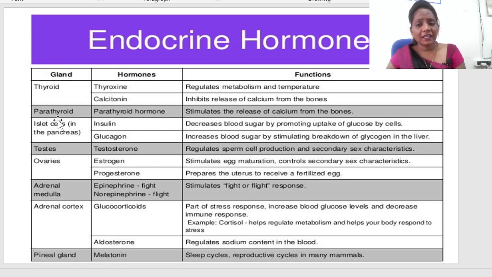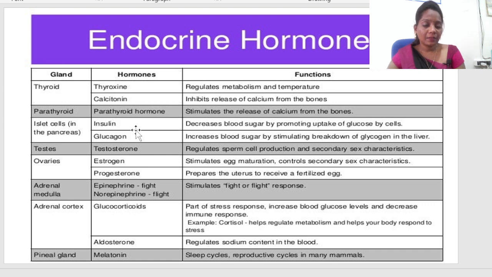The second gland is the parathyroid gland. The parathyroid gland stimulates the release of calcium from the bones, whereas calcitonin from the thyroid inhibits it. The next gland is the pancreas, which releases insulin and glucagon.